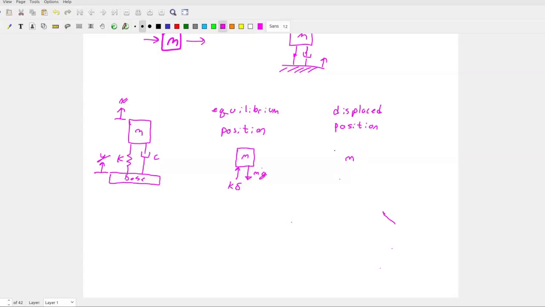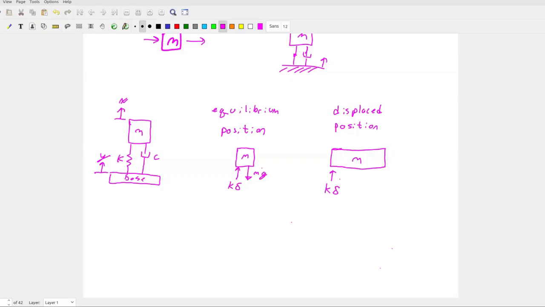This mass has a lot more forces on it, so I'm going to draw it more horizontally, but it's still the same mass. Okay, I'm going to pull this mass up just a little bit in the x direction, right? X is positive. I'm going to grab the mass and I'm going to pull it up just a little bit. Not enough to counteract what I had before in my displacement. So I still have a k delta, right?